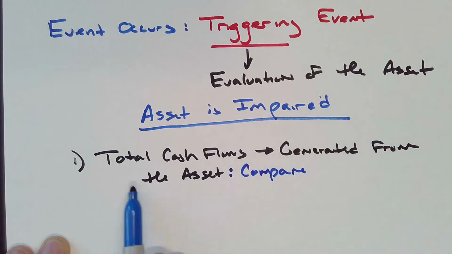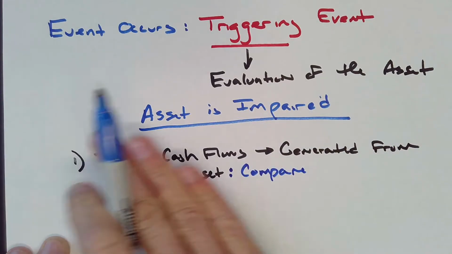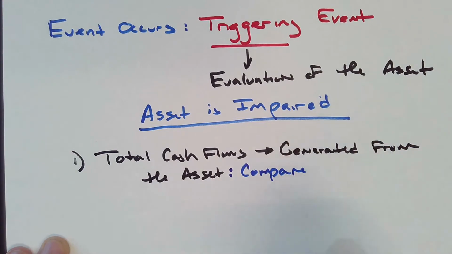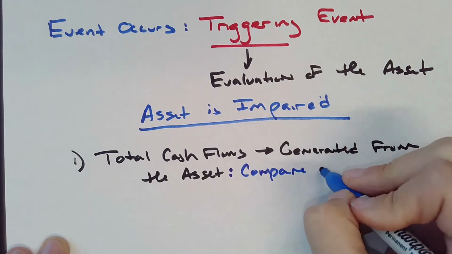This is the total cash flows over the remaining life of the asset, and we're going to compare these total cash flows to the book value.